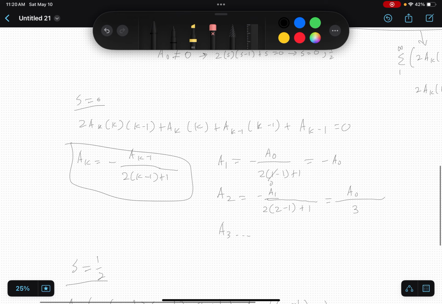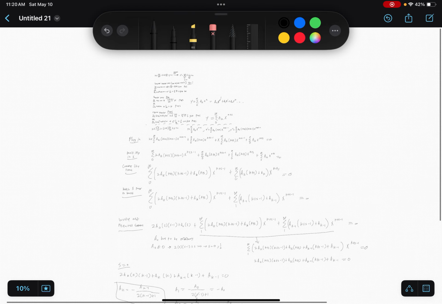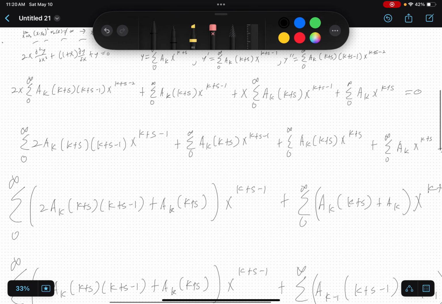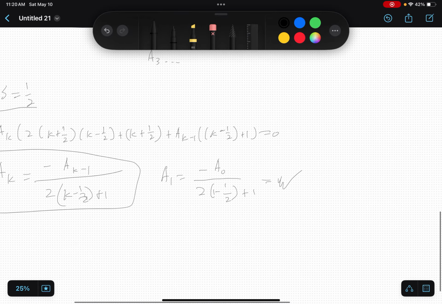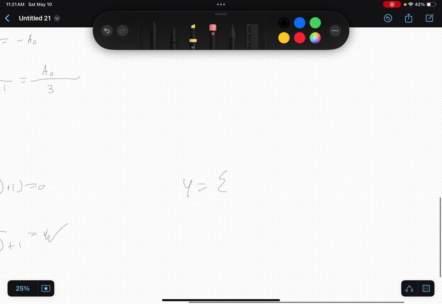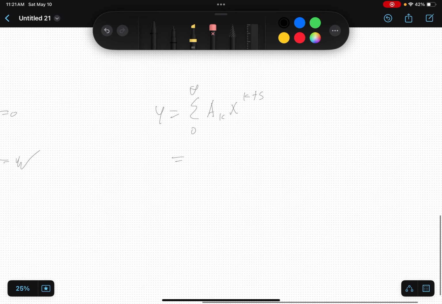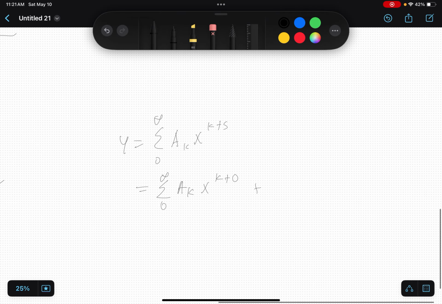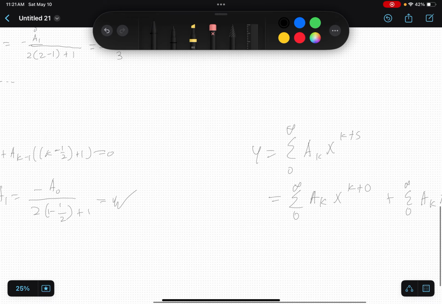And then I guess to write out your final solution, since we assumed y equals the sum of this times x^(k+s), our solution would be y equals sum from 0 to infinity of a_k x^(k+s), which is sum from 0 to infinity of a_k x^(k+0) for the s equals 0 case, plus sum from 0 to infinity of a_k x^(k+1/2) for the 1/2 case.